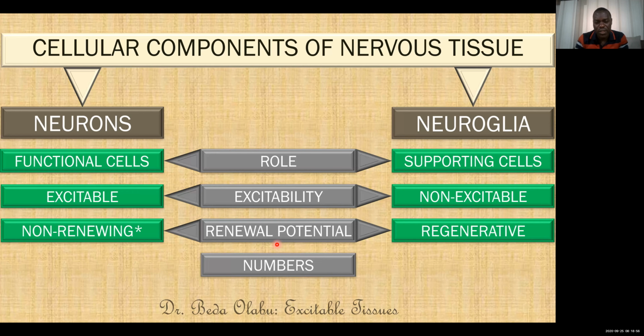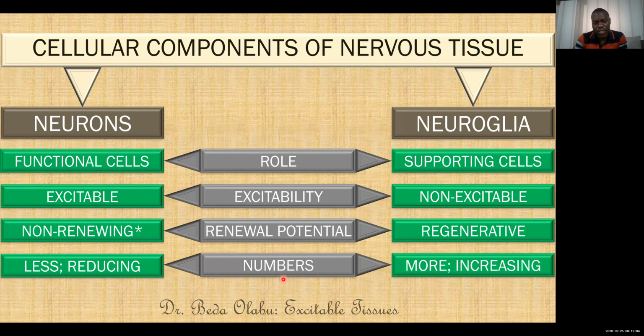Tailored to that also is the difference in the numbers of these cells. Neurons are fewer than neuroglial cells. At the time you're born, maybe for every single neuron, you have about 10 neuroglial cells. So even from the beginning, the neuroglial cells are more.